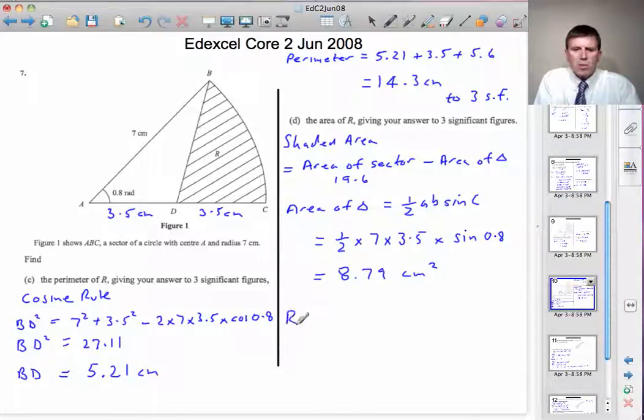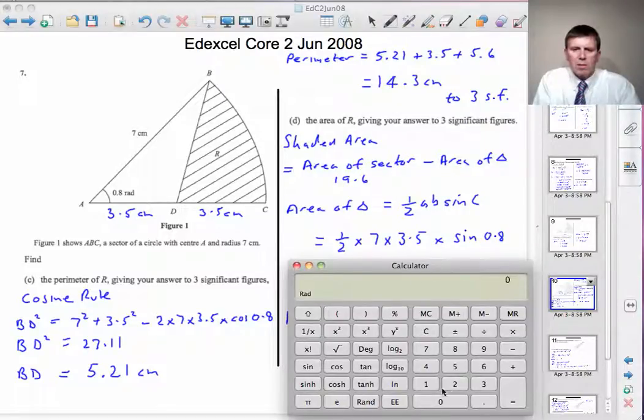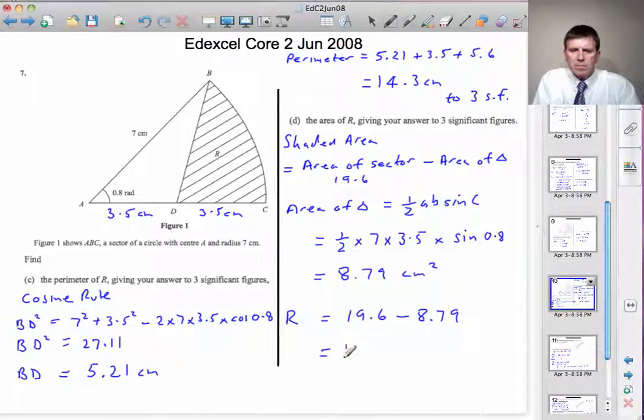So R, the shaded region, is equal to the 19.6 that we got for the sector minus this 8.79. 19.6 minus 8.79 is 10.81, which to 3 significant figures is 10.8 centimetres squared. And that completes question 7.